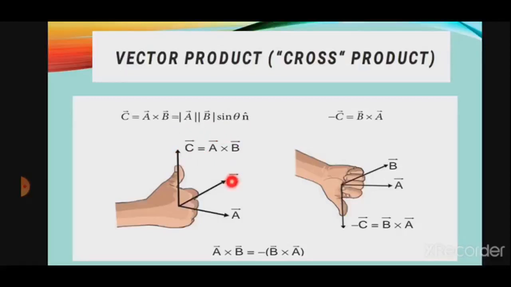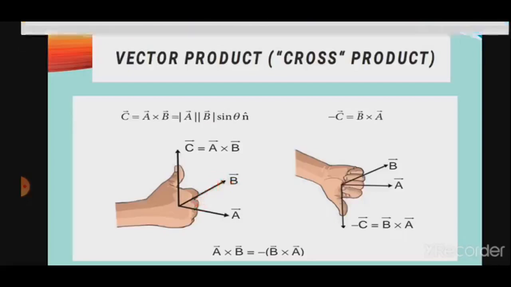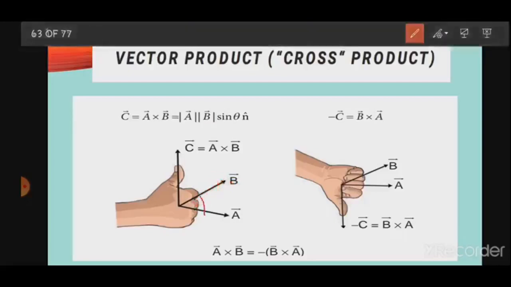Now the right hand screw rule. Using the right hand screw rule, the vector rotates from A vector to B vector through the smaller angle. This is the smaller angle between them, that is theta.